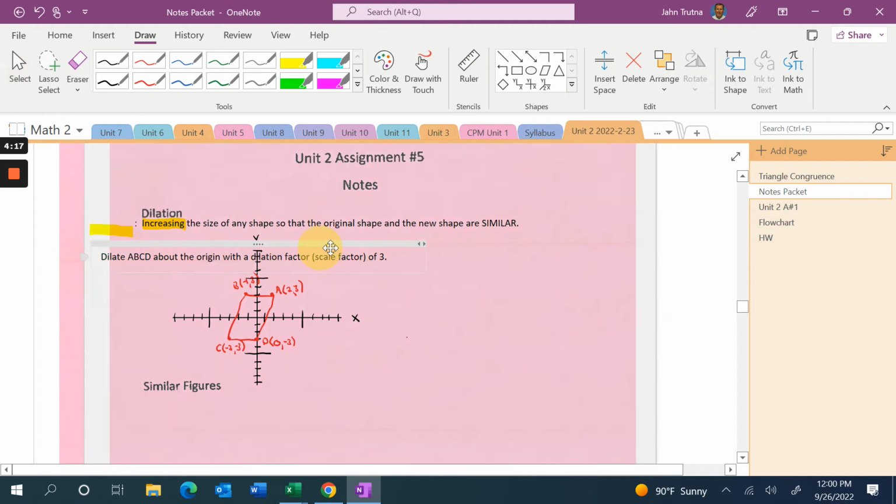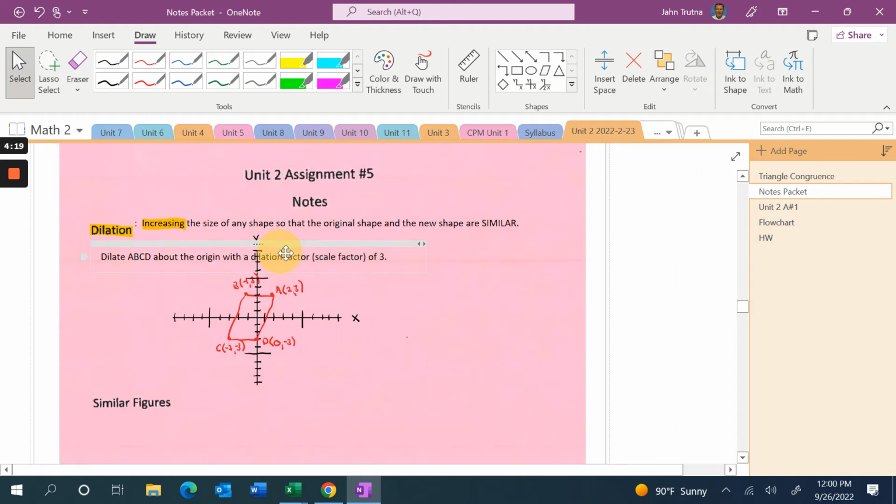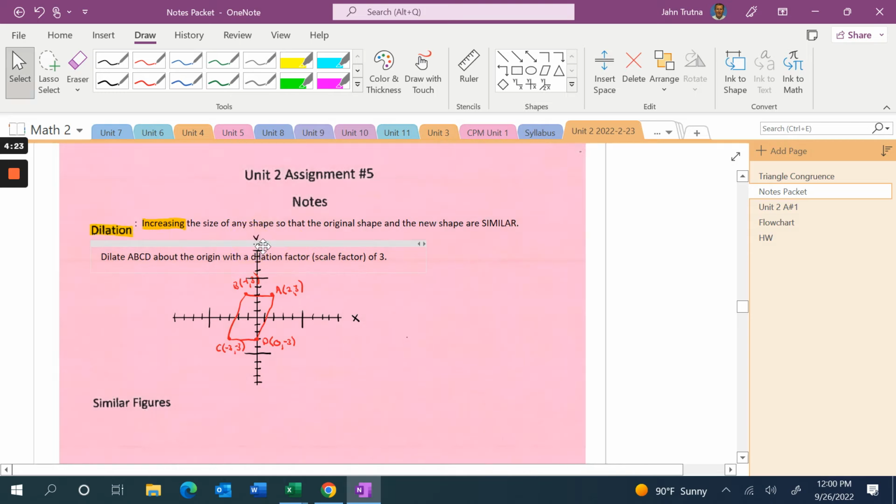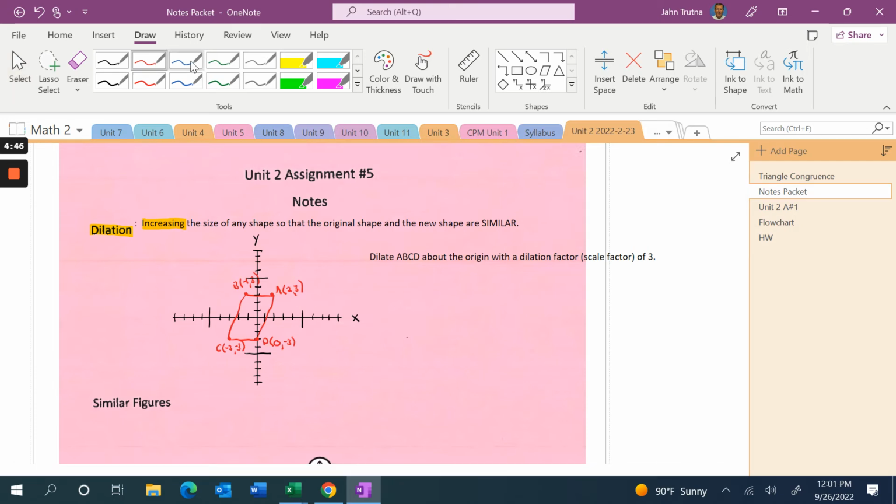That means I'm going to take the shape and move it about the origin so that it has a scale factor of 3. What that means is that I am going to make this shape 3 times bigger than it is right now.